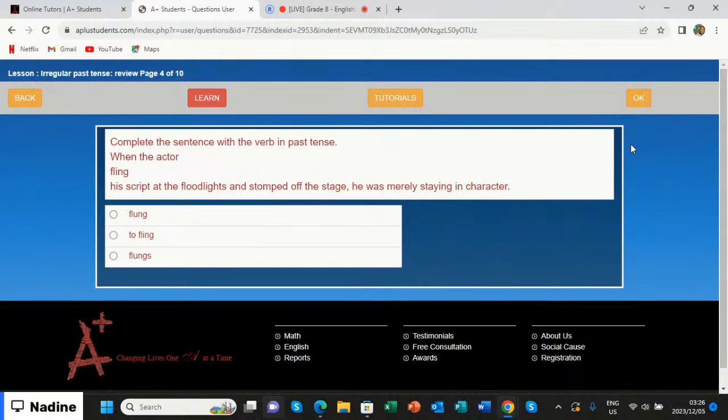Is it flung, to fling, or flungs? Which is the past tense verb of fling?